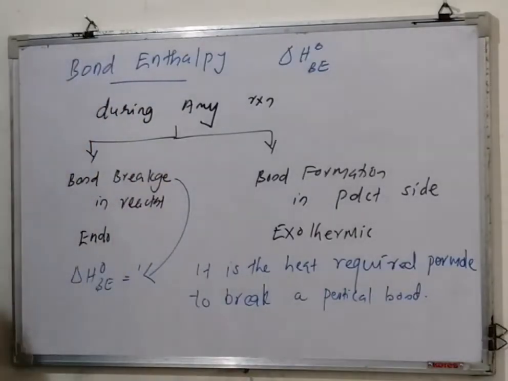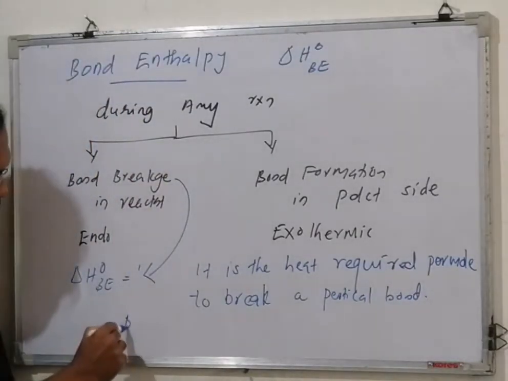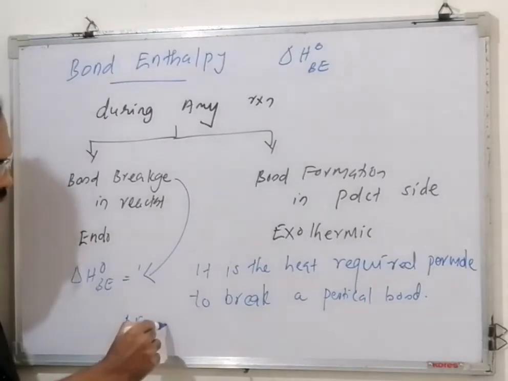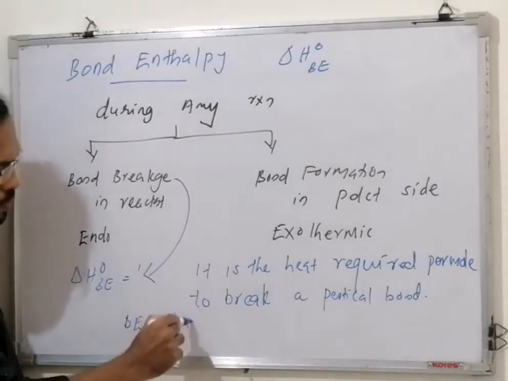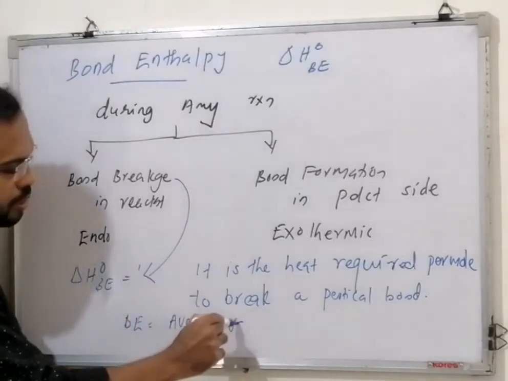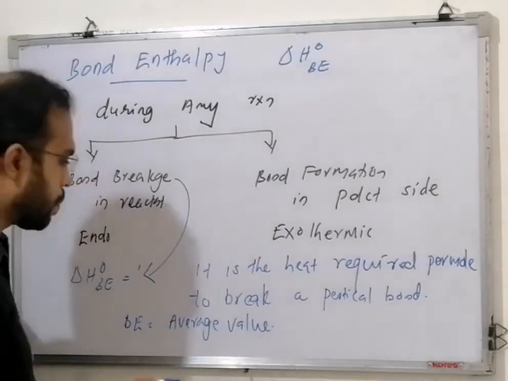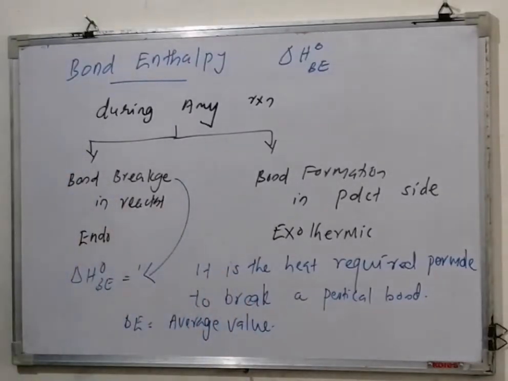And the bond enthalpy is always an average value. It's an average value. You will understand that in detail. It is an average value. Okay.